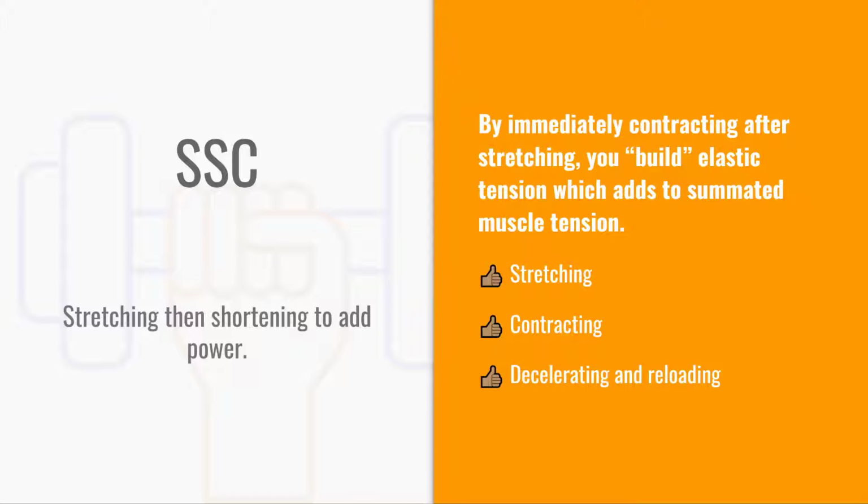Stretch shortening cycles are the rotation of a muscle, or a group of muscles, about their joint angles, where one side of that muscle in the related joint angle is stretching. The other side is shortening or contracting.